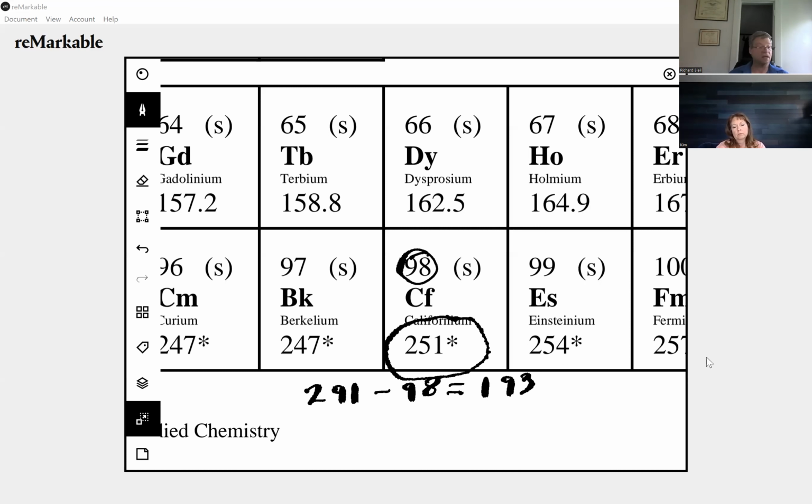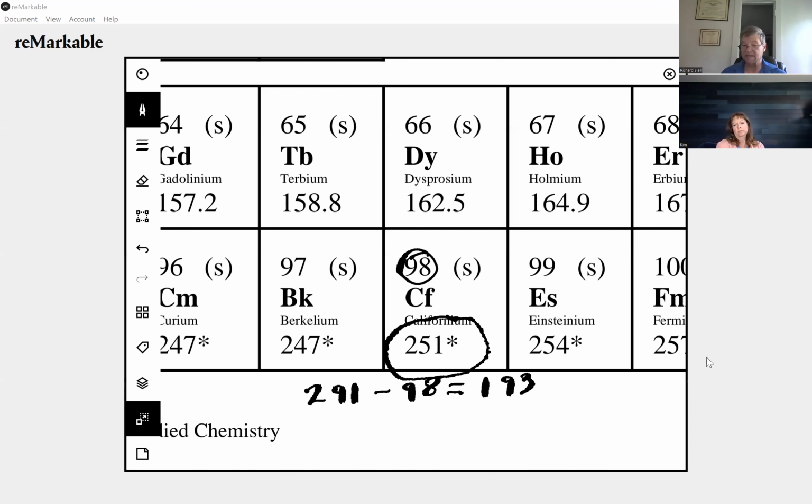Did I do that right? My math skills have atrophied, and that is not a good thing. That's not right. Ooh, I did it right, 153. So there are 153 neutrons.